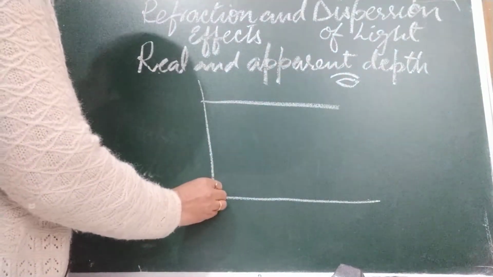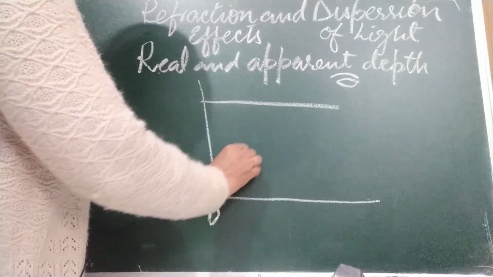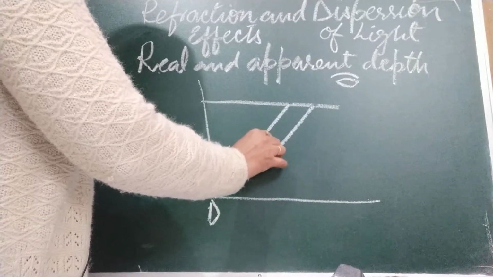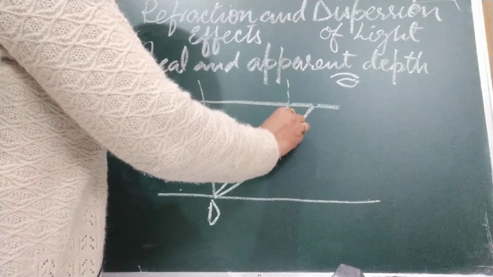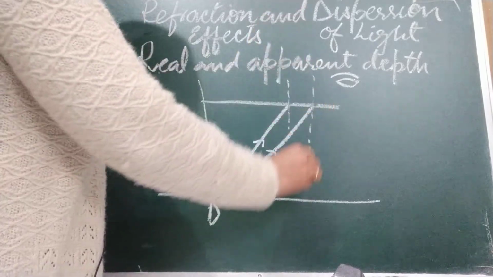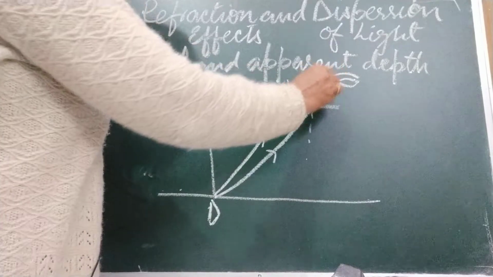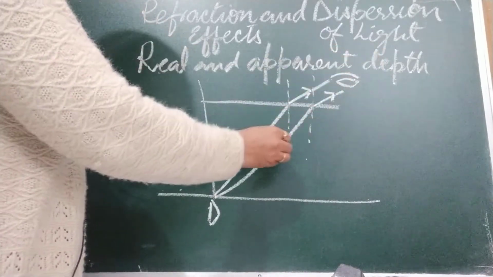The rays, this is the real depth, suppose D. The rays which are coming, and this medium is what? Water is denser than the air. Okay. So the rays will bend away.